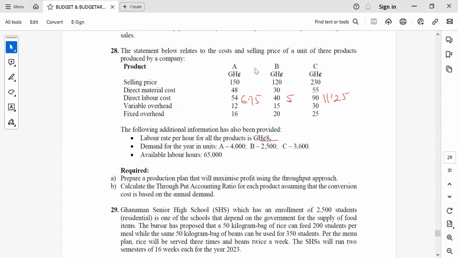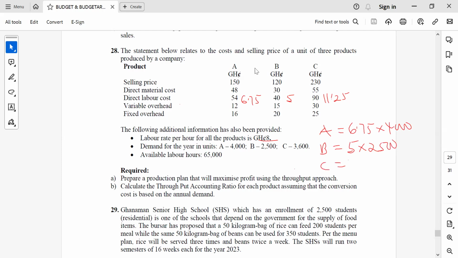So if we are producing all 3, how many hours are we going to be needing for A? That will be 6.75 multiplied by 4,000. B will be 5 multiplied by 2,500.